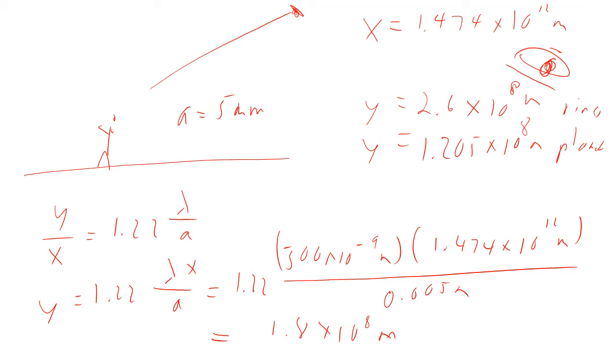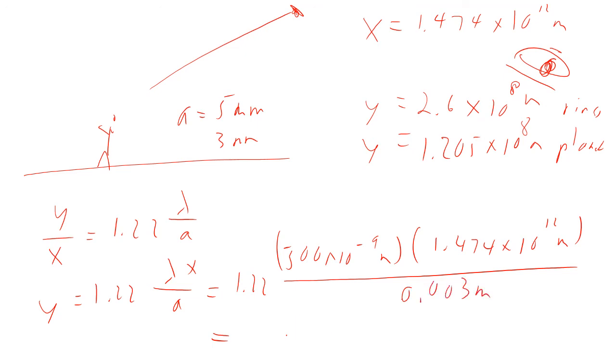So what if your eyes are not that well dark adapted? Then what happens? If you assume that instead you have 3 millimeters, we would change this down here to 0.003 meters.